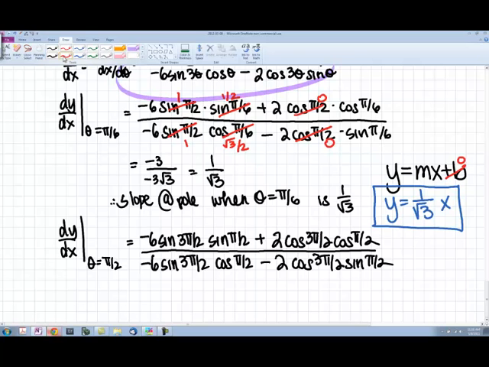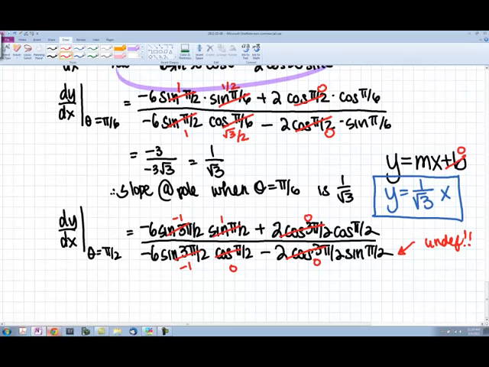The sine value or the cosine value? The cosine values are going to be 0, so I don't need either of those. Sine 3 pi over 2 is a negative 1. Sine pi over 2 is a positive 1. Cosine pi over 2 is a 0. So now look what just happened. I have 0 on the bottom, which means it is undefined. So what does that mean when the slope is undefined? It means you have a vertical tangent line, so it's x equals 0.